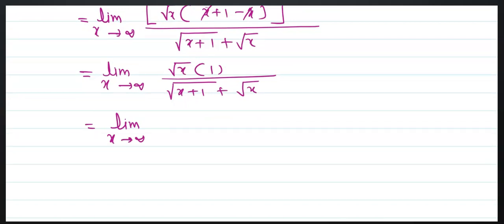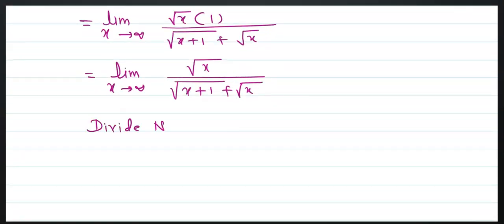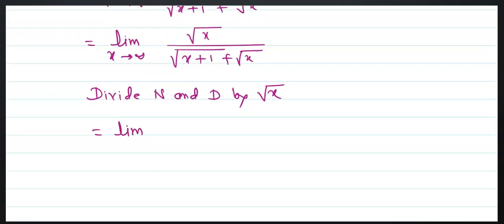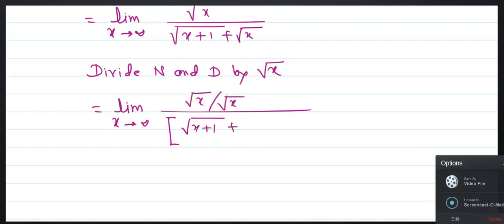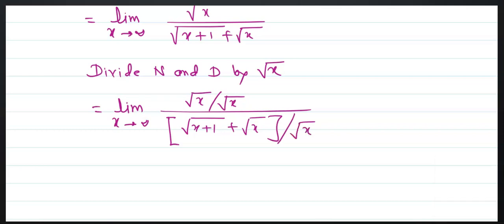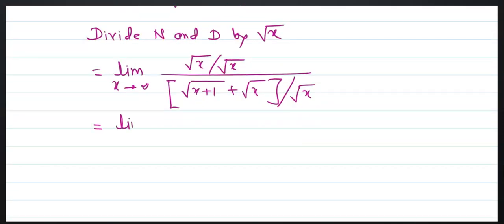Now divide numerator and the denominator by root x, that is the highest power of the denominator. Now as limit x tends to infinity, that is root x upon root x. Next is root of x plus 1 plus root x upon root x.